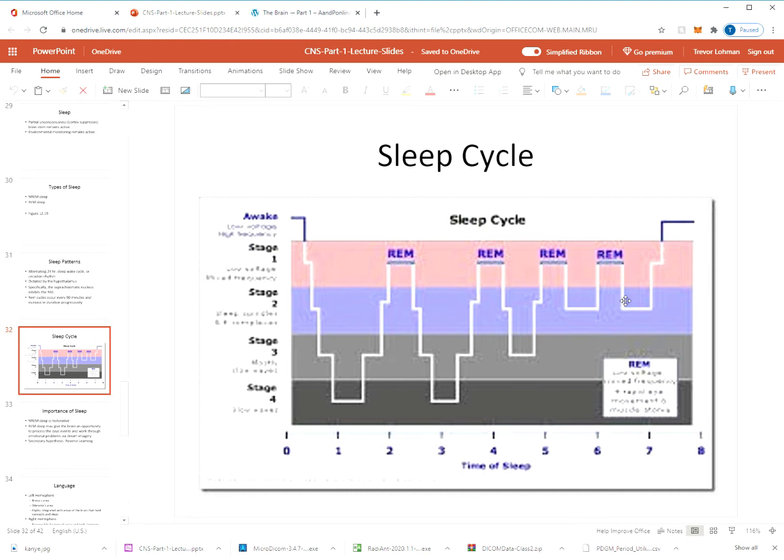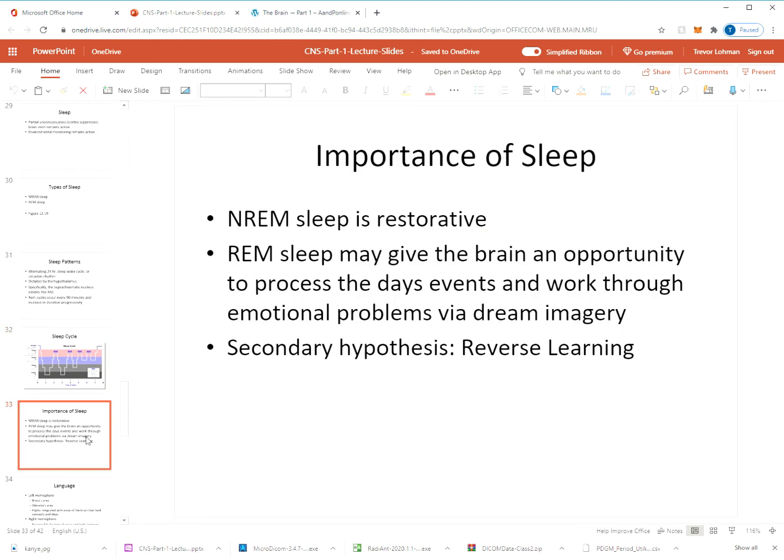So that brings me to my next point, which is that non-REM and REM do different things. Non-REM sleep is restorative. Let me explain that a little bit. I think a great way to explain it is by what happens when you're deprived of one type of sleep or the other.